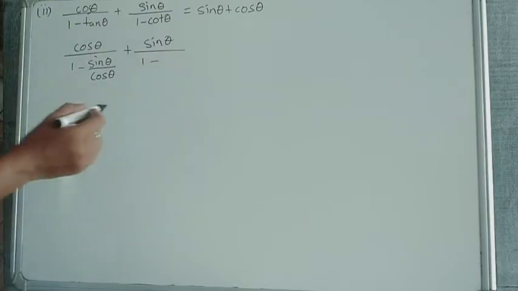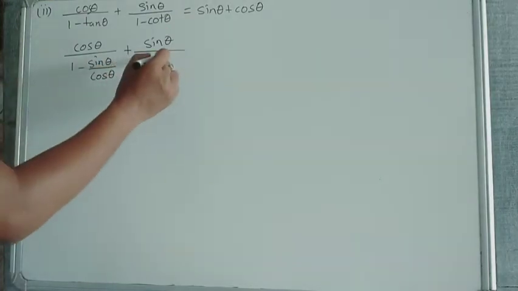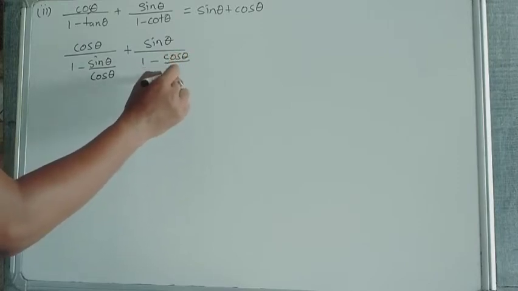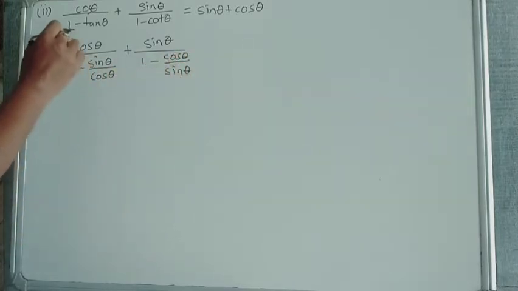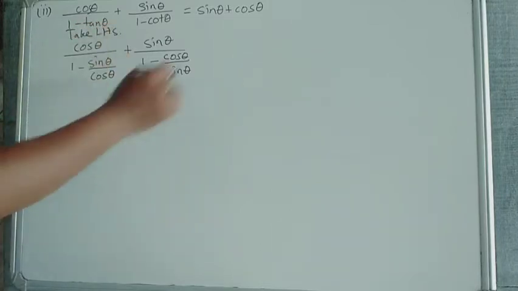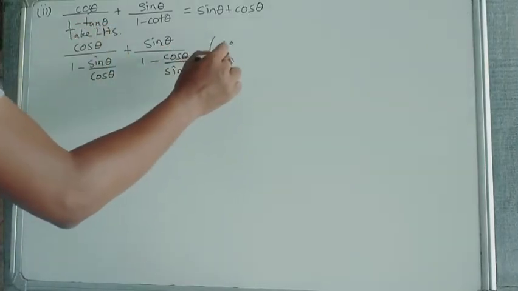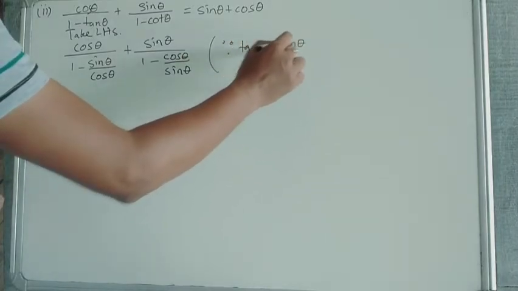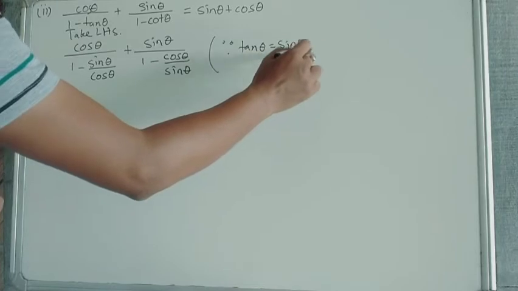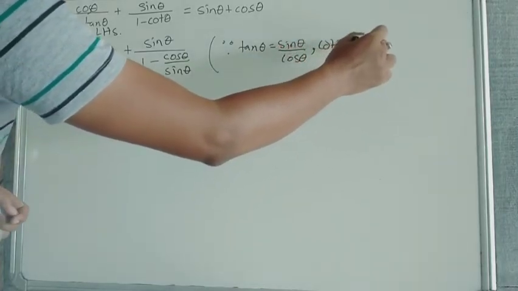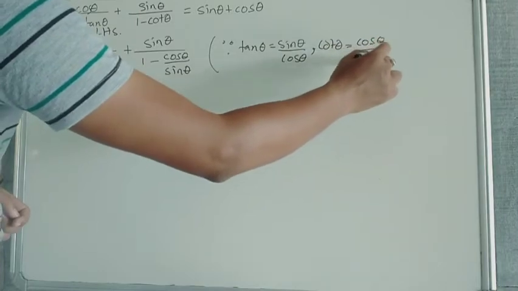Cot theta will become the opposite of tan, that is cos theta by sin theta. So here you write, take LHS, because tan theta equals sin theta by cos theta and cot theta equals cos theta by sin theta.